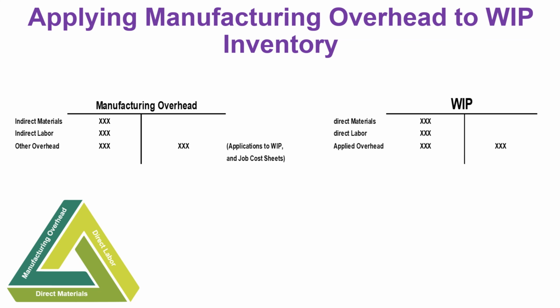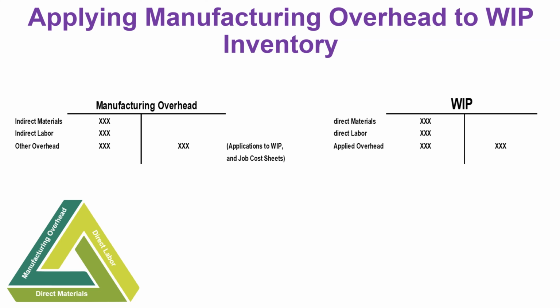And so what we're going to have to do here is take out of manufacturing overhead, by crediting manufacturing overhead, virtually all of these costs and debit work in process inventory for all of these overhead costs.